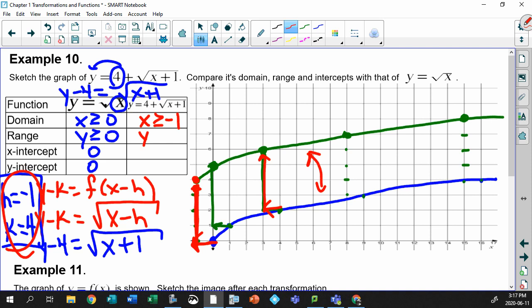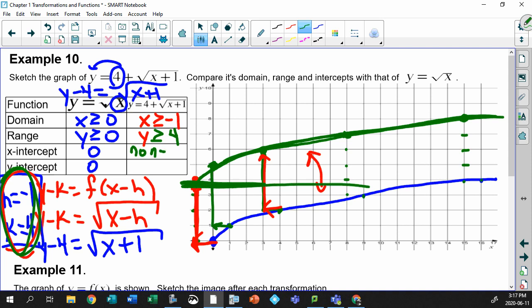Notice that there's no graph below this 4 mark. So y has got to be greater than or equal to positive 4, all based on the shift. Look at the intercepts now. Because it doesn't touch the x-axis anymore, there is no x-intercept.